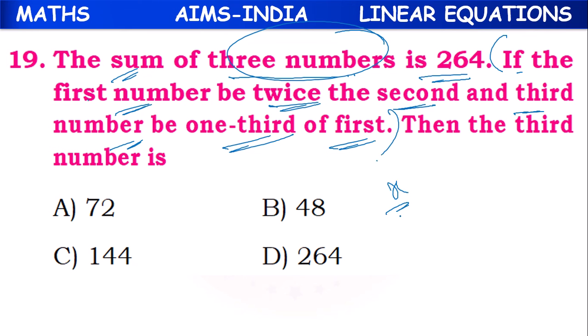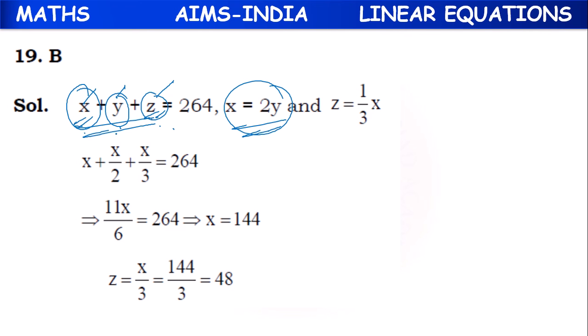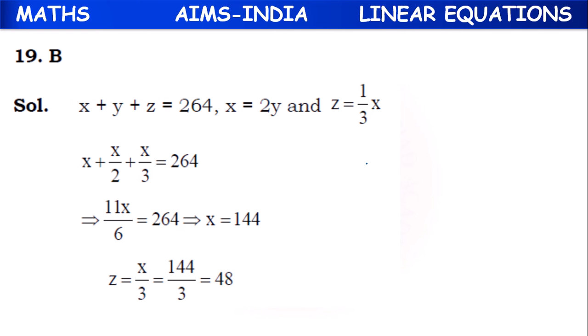Suppose the three numbers are x, y, z. The first number x is twice the second, x equal to 2y. That is one relation. And the third number z is 1/3 of the first number, 1/3 of x. This is the hint given, children.